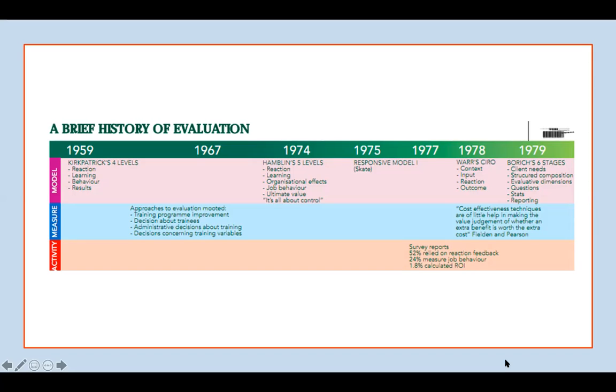As we know, sometimes that's not always the case in training if we're talking about the softer skills or the unmeasurables. And then finally, you have the reporting. So that's just a brief history of the early stages of evaluation. And as I said, Kirkpatrick is still seen as one of the greats when it comes to evaluation.